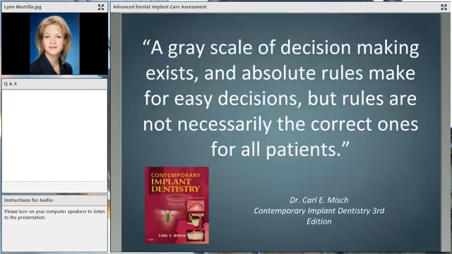Those are the things that we work very hard in treatment planning to work out. I wish I could give you a black and white, but like everything else in dentistry, there's a grayscale. If I can quote Dr. Carl Misch from Contemporary Implant Dentistry, third edition, this grayscale of decision-making makes it hard for us to make rules or decisions.